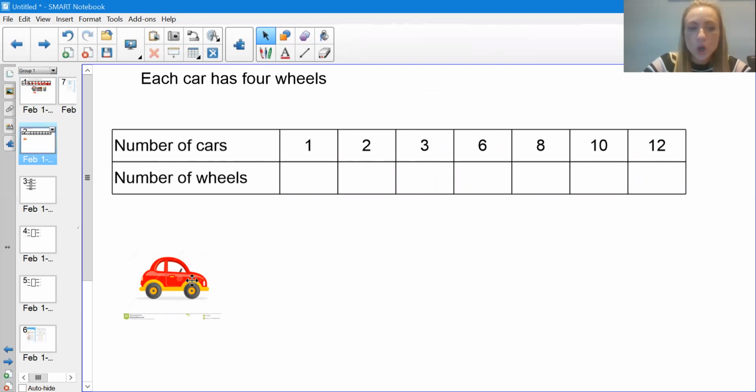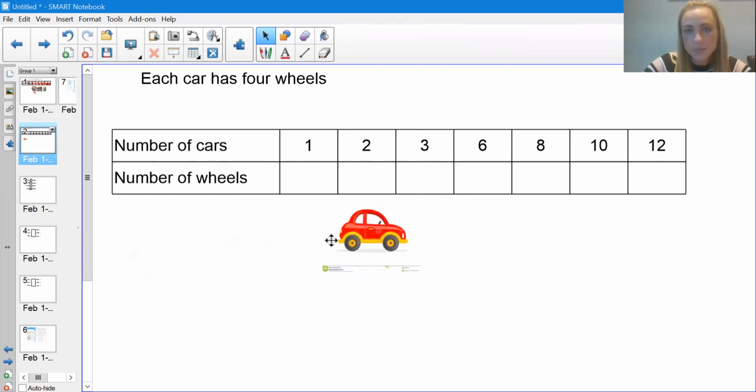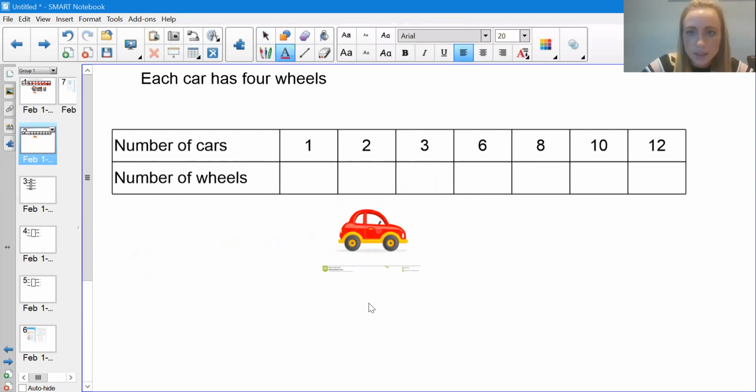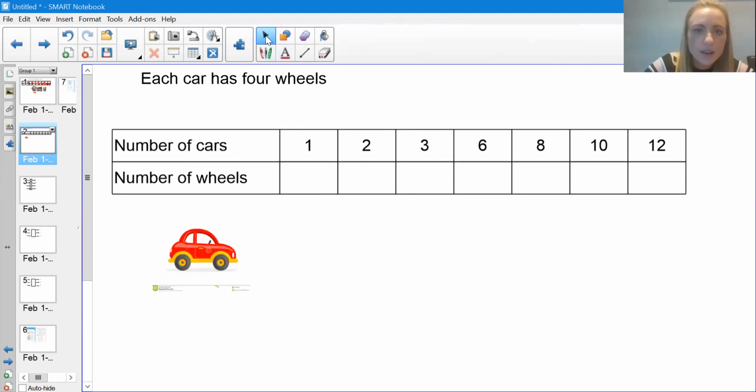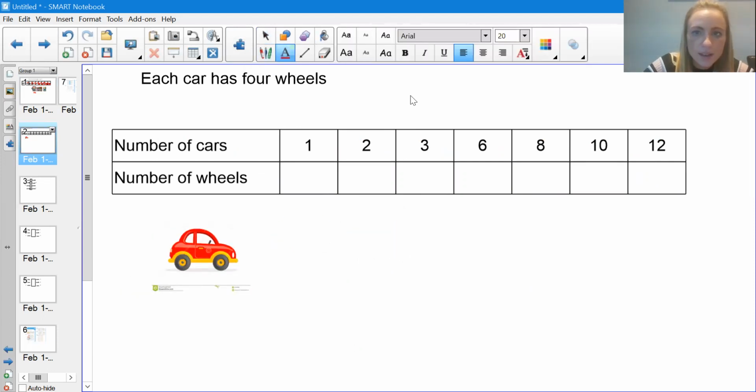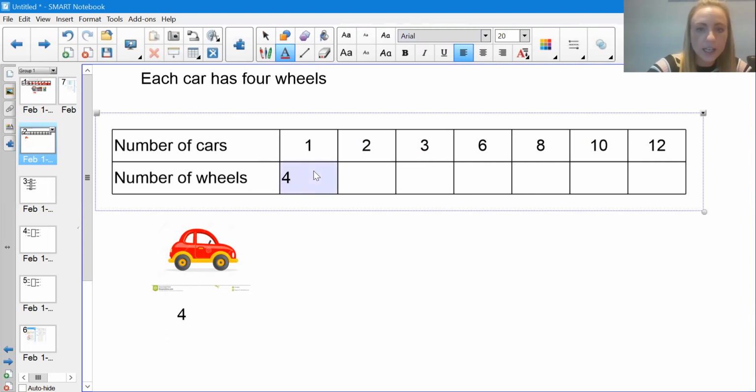So if I've got 1 car, here's my 1 car, and there are 4. And I'm just going to write the number 4 here. There are 4 wheels on 1 car. So my 4 can go in here.